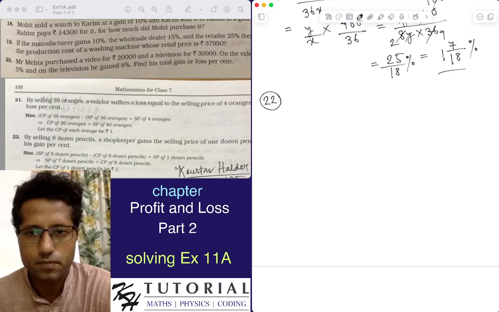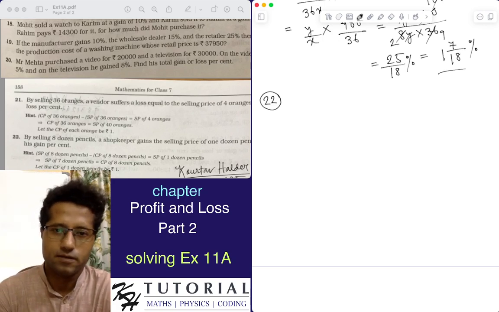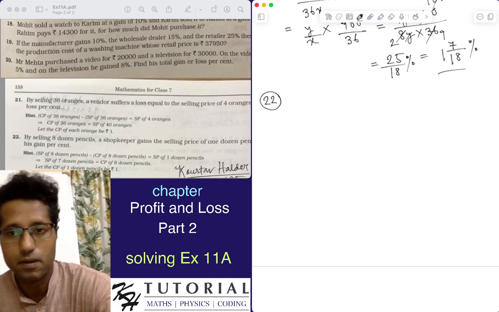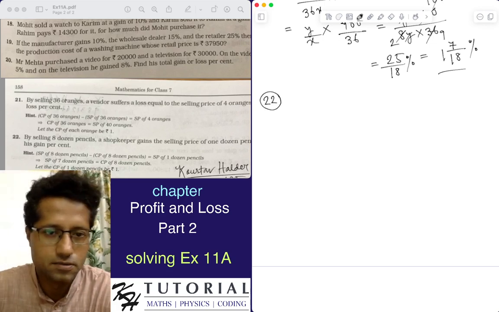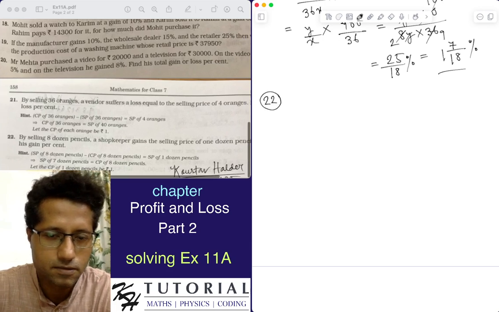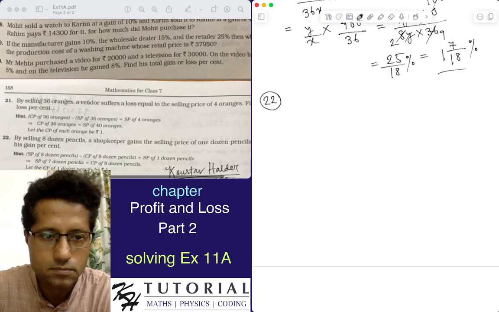If you are confident about the fundamental concepts of profit, loss, selling price, cost price, then you should be able to do it. So I am doing it.